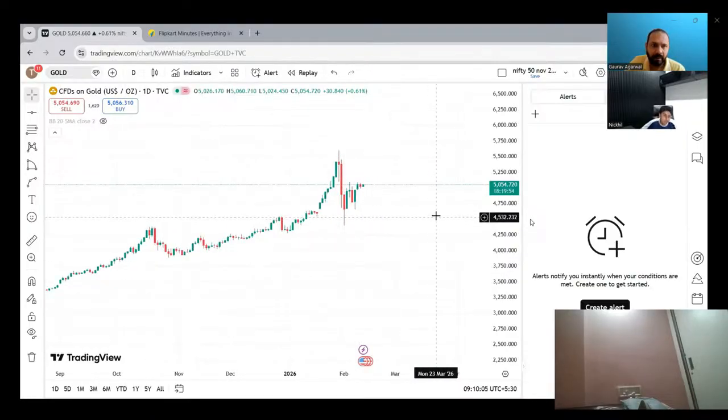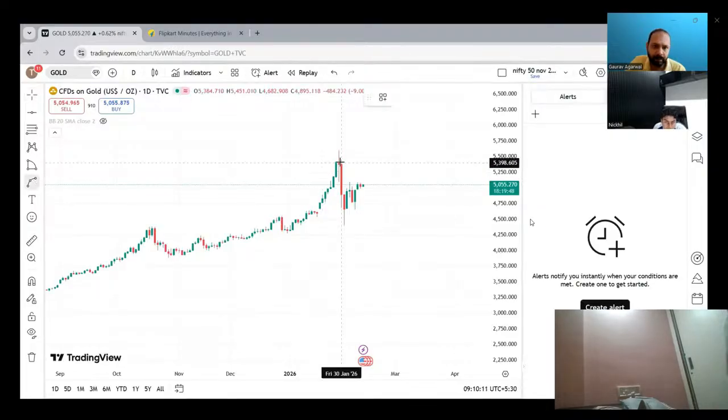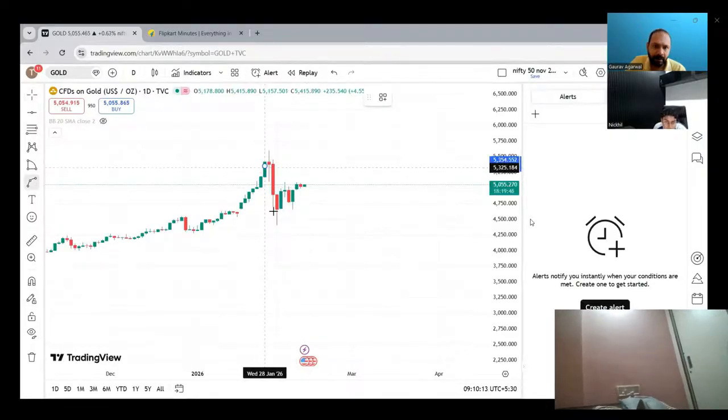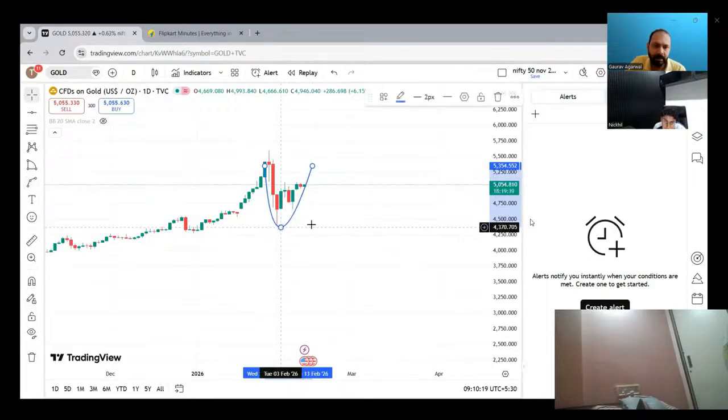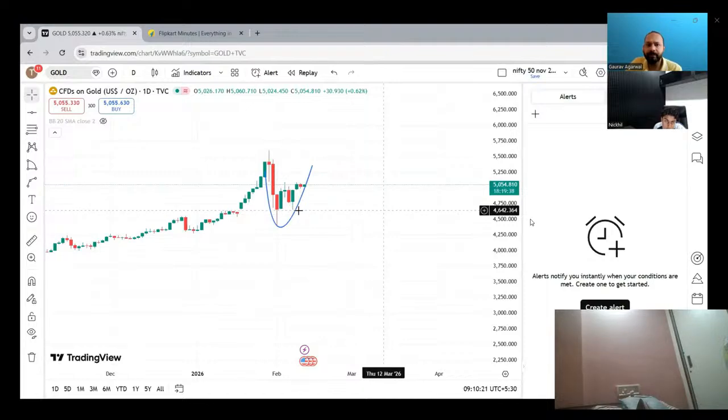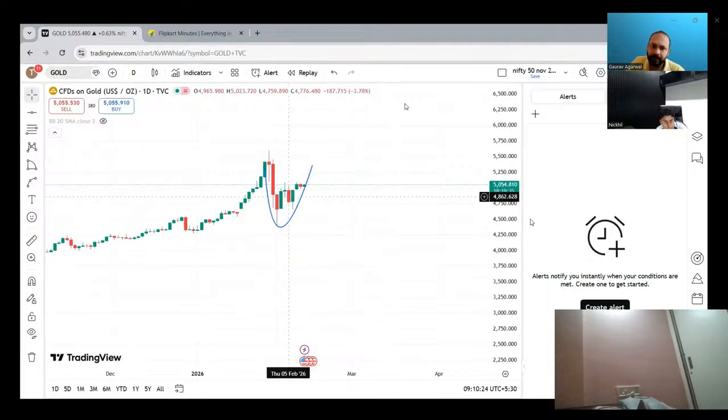See, if you see on the daily chart first, I'll show you on the daily chart. See, on the daily chart, it may be trying to form a rounding bottom, correct? It may form a rounding bottom because it took the support here, right? Yes. See, this pattern will get failed if the candles started forming outside this, right? Okay, but it's forming inside.